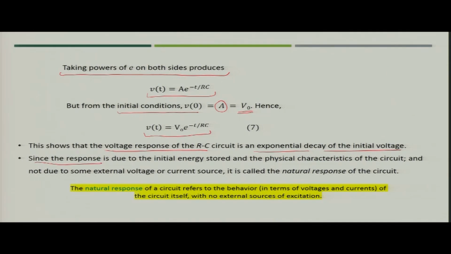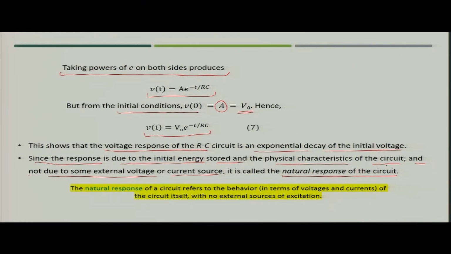Now, since the response is due to the initial energy stored and the physical characteristics of the circuit, and not due to any other external voltage or current source, this is simply termed the natural response of the circuit.